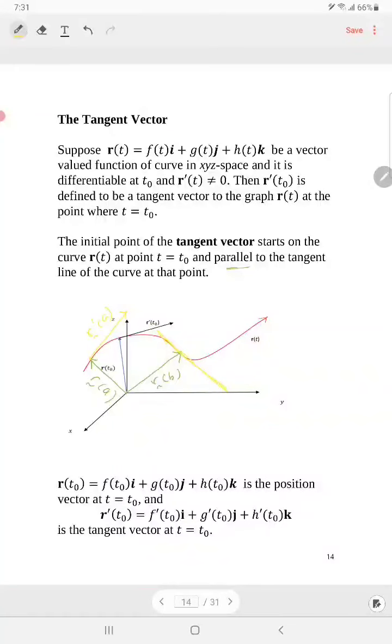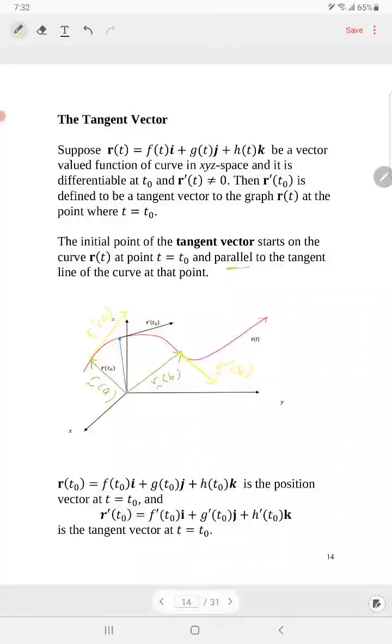So the tangent vector would be parallel to the tangent line, but it starts on the curve. So this would be r prime, the tangent vector. So r prime at t equals b would be here. It starts on the curve and it's parallel to the tangent line.